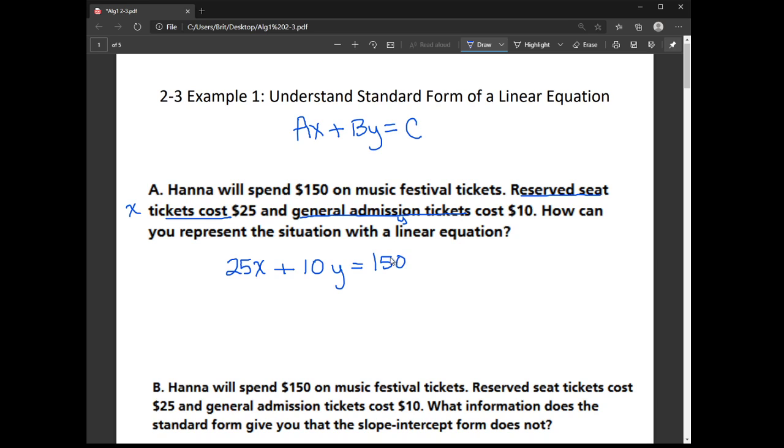So when we are dealing with standard form, creating the equation is very natural, I feel. We can understand where the numbers are coming from and how they apply.